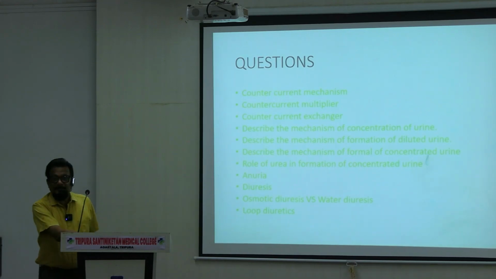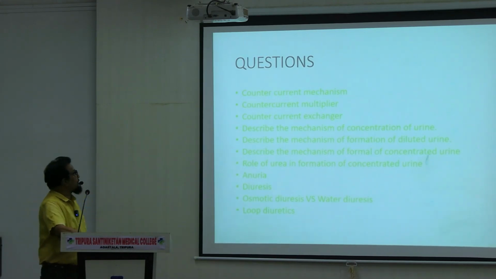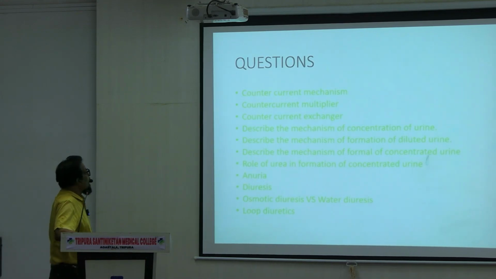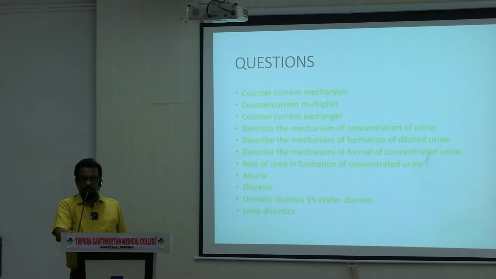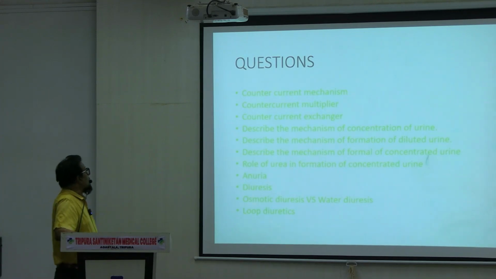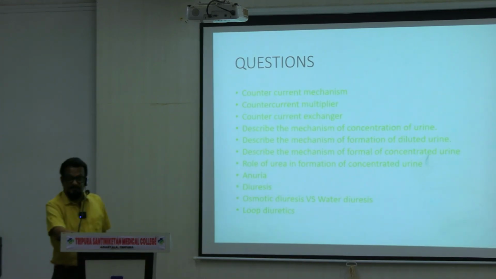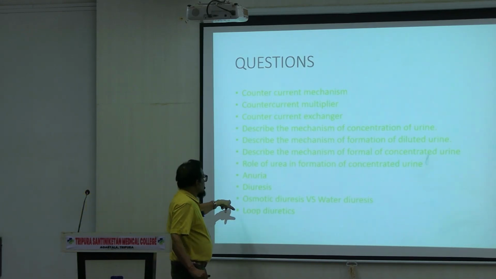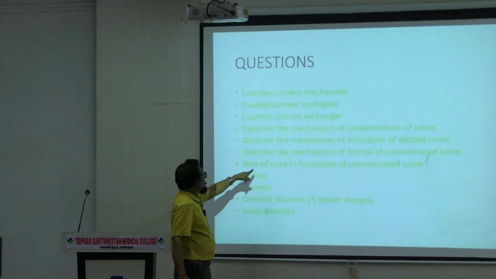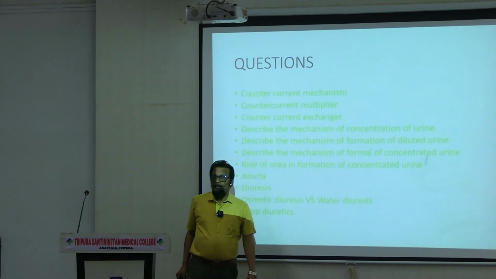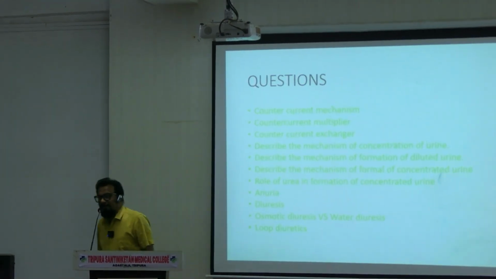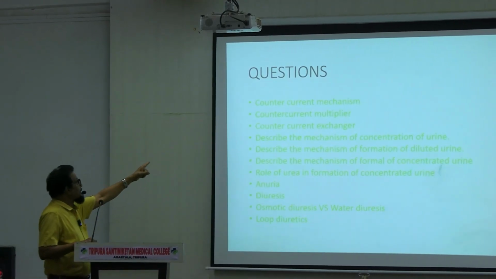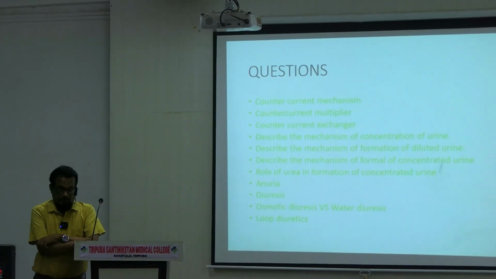This countercurrent mechanism actually consists of other processes: the countercurrent multiplier system, the countercurrent exchanger system, and the role of urea. So you have to describe these three things when only the countercurrent mechanism is asked for.